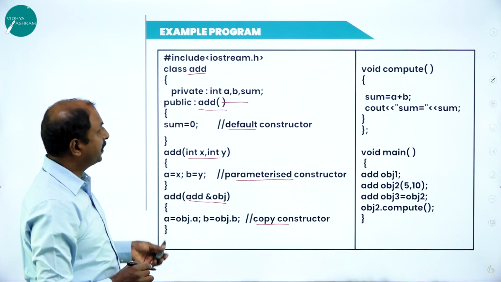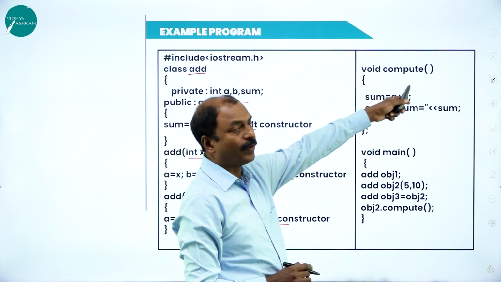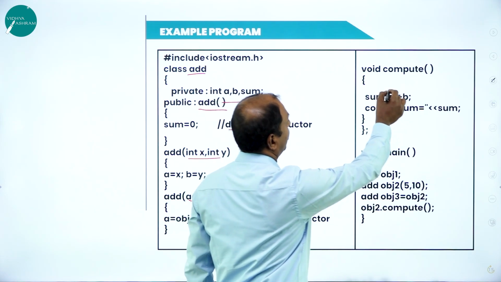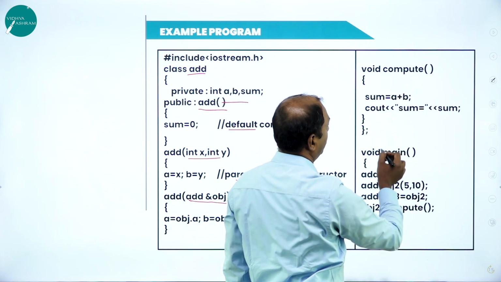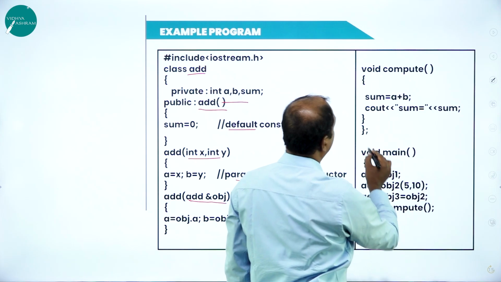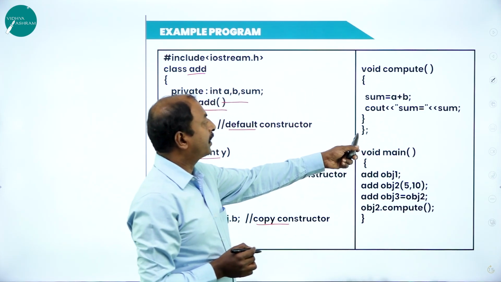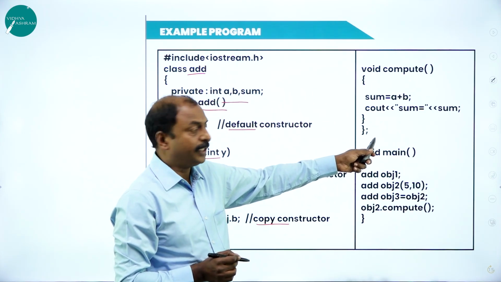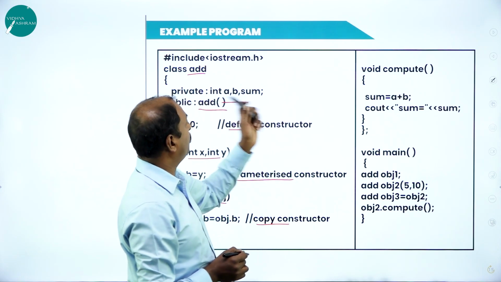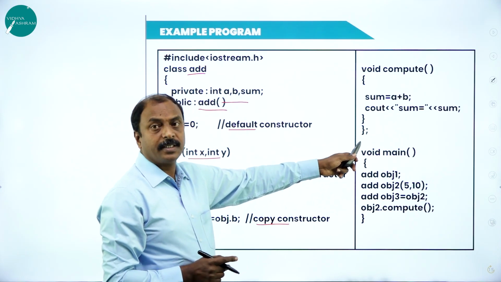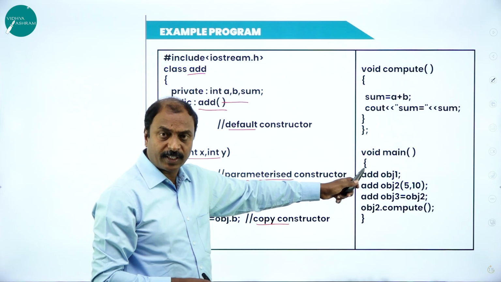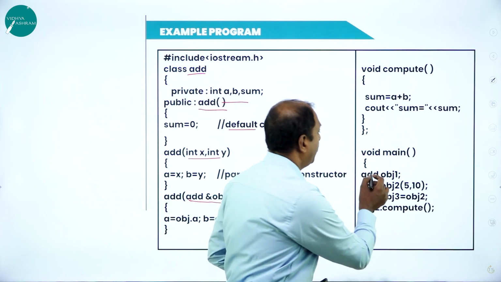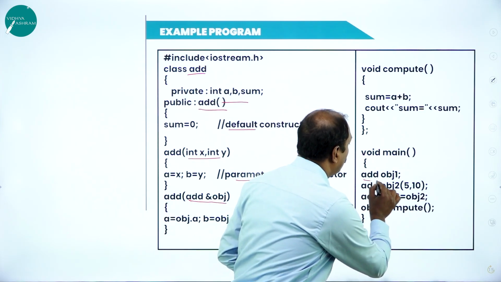Now after this we have the compute function. In compute, write the formula sum equal to a plus b, cout sum, close this function, and close the class with a semicolon. So this is the program. Next, this is the class. In the main function, void main, next one is add obj1.